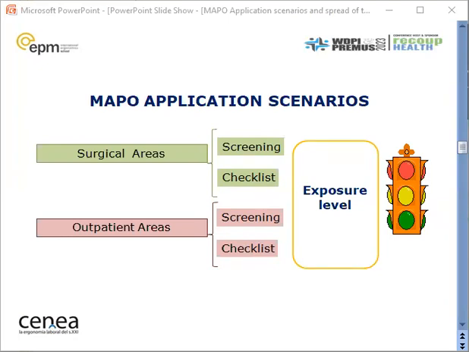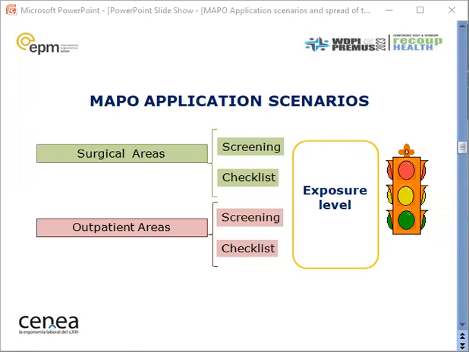And since these spaces have different characteristics, needs, and work organization, MAPO offers different versions to evaluate each of these activities, such as surgical areas and outpatient areas.